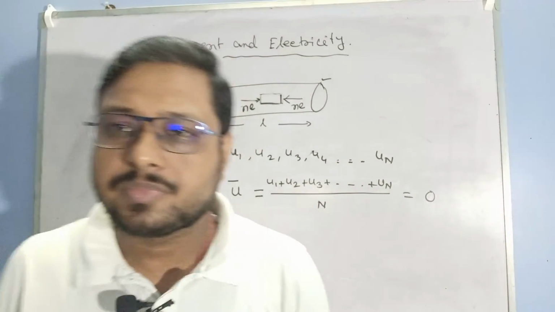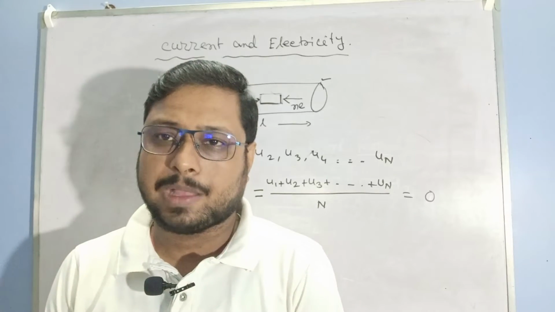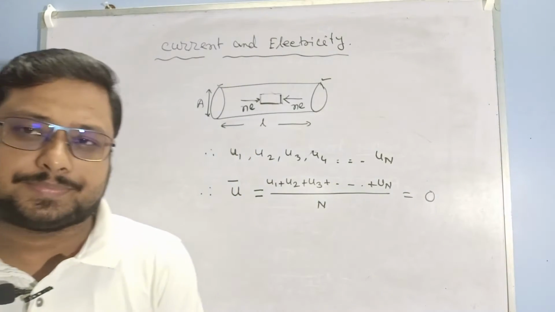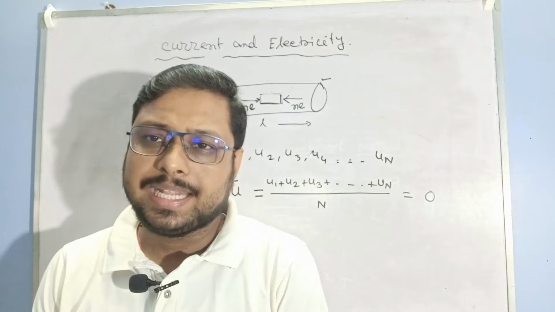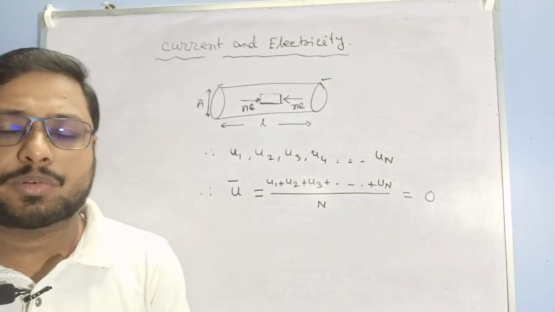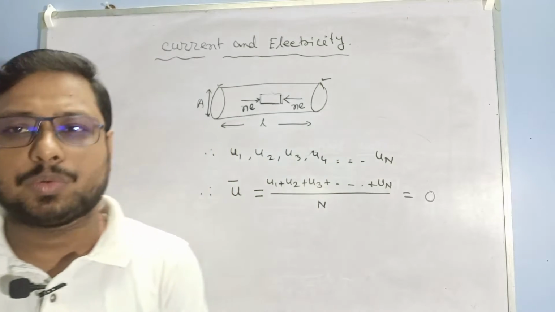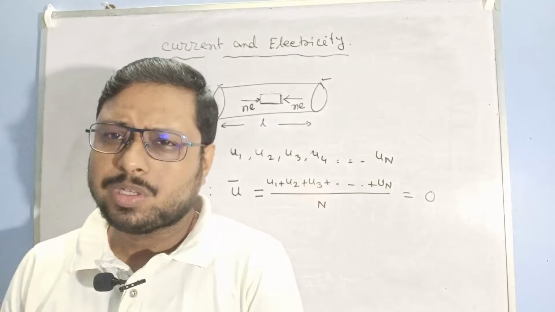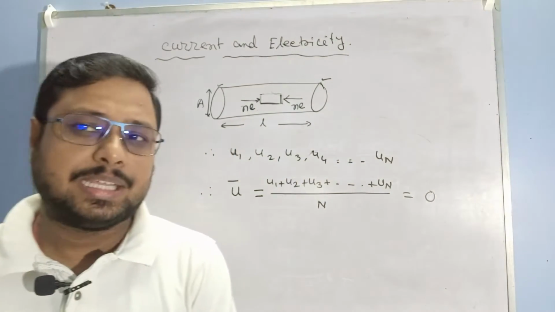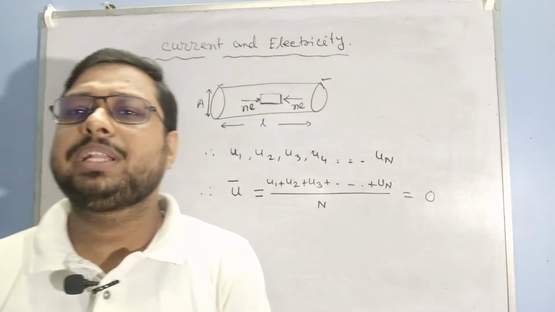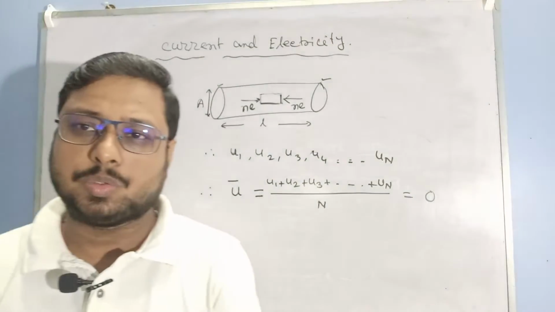So when there is no drifting of electrons, that means no electric field is built up inside the conductor, and the net charge inside a conductor is 0, because the charge particles, say electrons, move randomly in any direction. So the net charge will be 0.